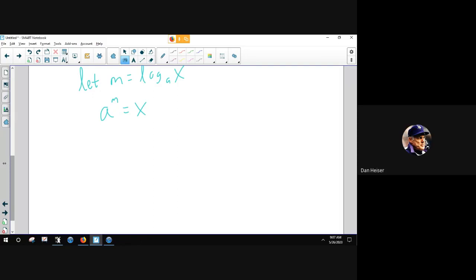Now what we're going to do is take both sides, and I'll do it in this order, x to some power. I'll call it r, I think they used r in the book I got this from.